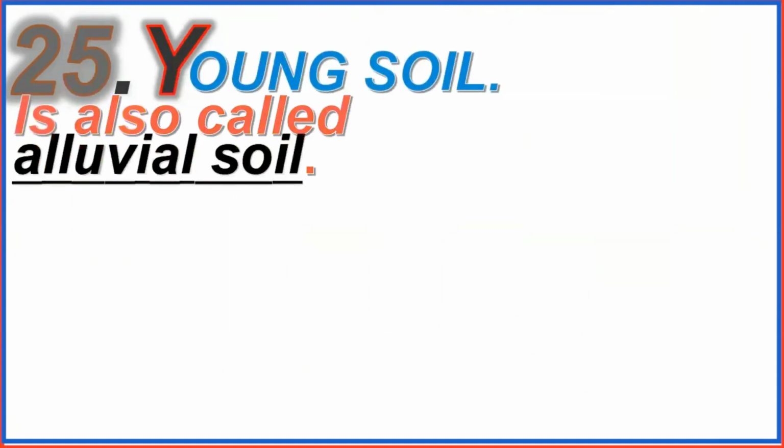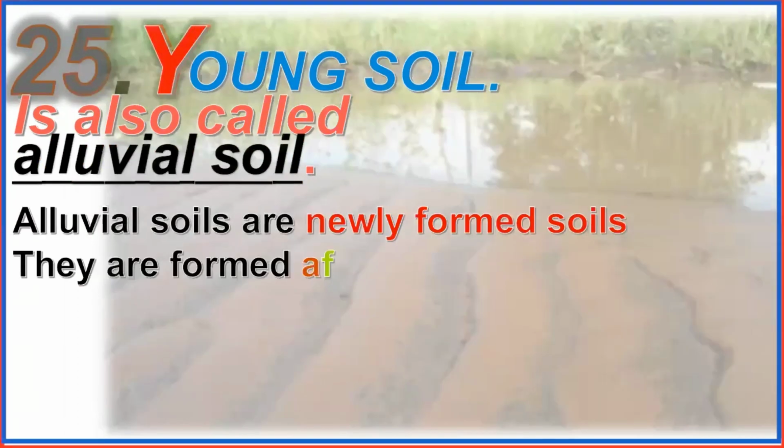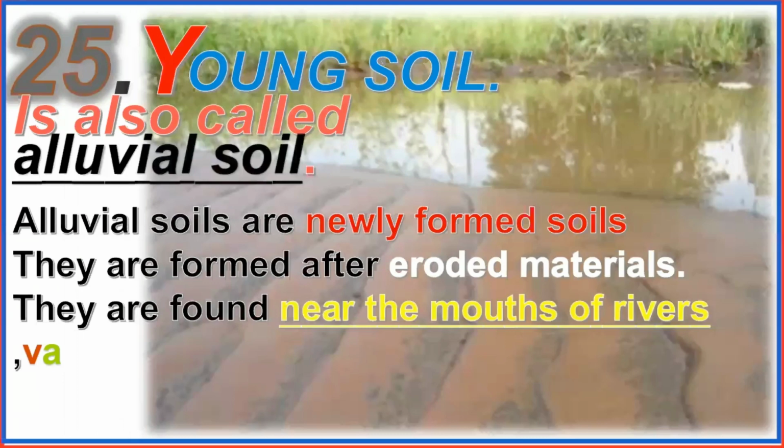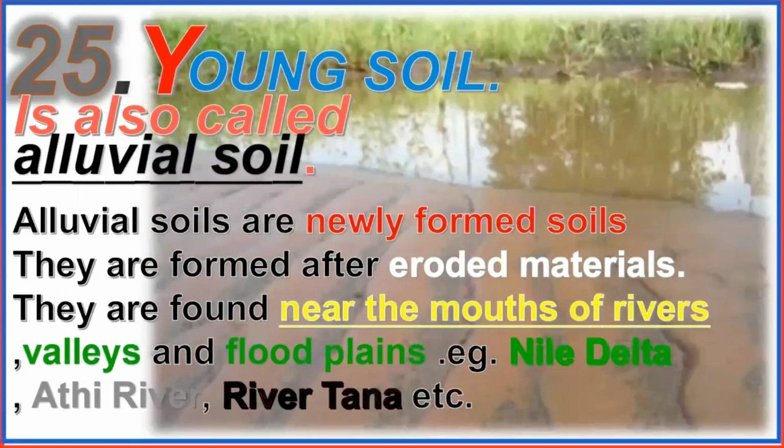It's also called alluvial soil. Alluvial soils are newly formed soils. They are formed after eroded materials. They are found near the mouths of rivers, valleys, and flood plains. Example, Nile Delta, Athi River, River Tana, among others.